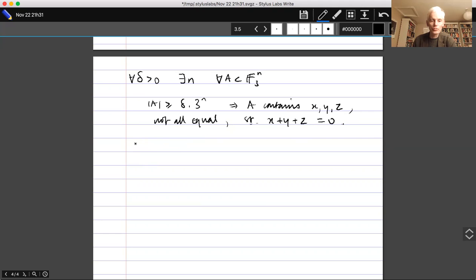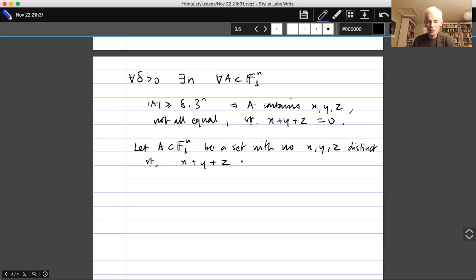So in order to do the proof, let A be a subset of F_3^n with no x, y, z distinct. Actually, I'm going to put the word in because it's very important here. Distinct, such that x plus y plus z equals 0.